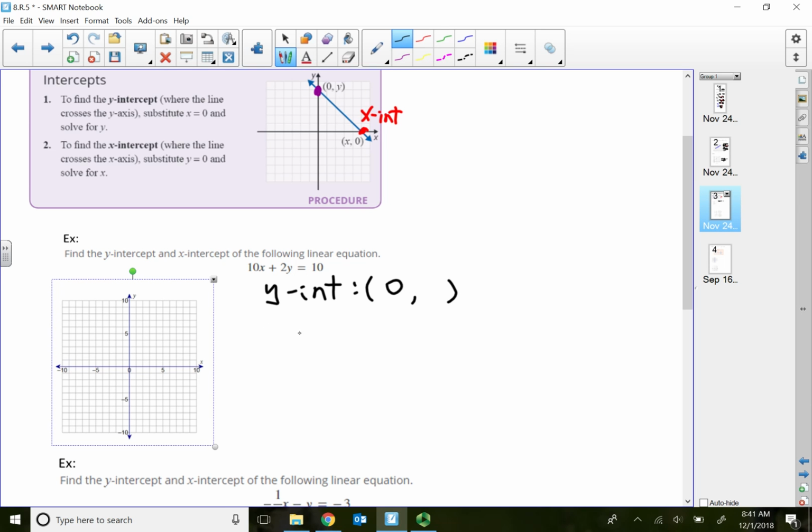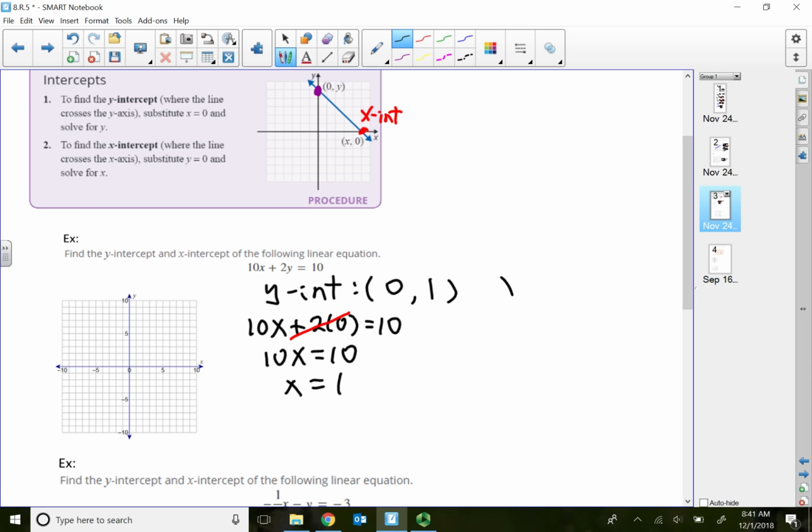All right, so we substitute 0 for x so we can find the y value. So that will be 10x plus 2 times 0 equal to 10. As you see, positive 2 times 0 is 0, so that term is technically not there. So all I get is 10x equal to 10. Divide both sides by 10, my answer x equal to 1. So my y-intercept is going to be 0, 1.